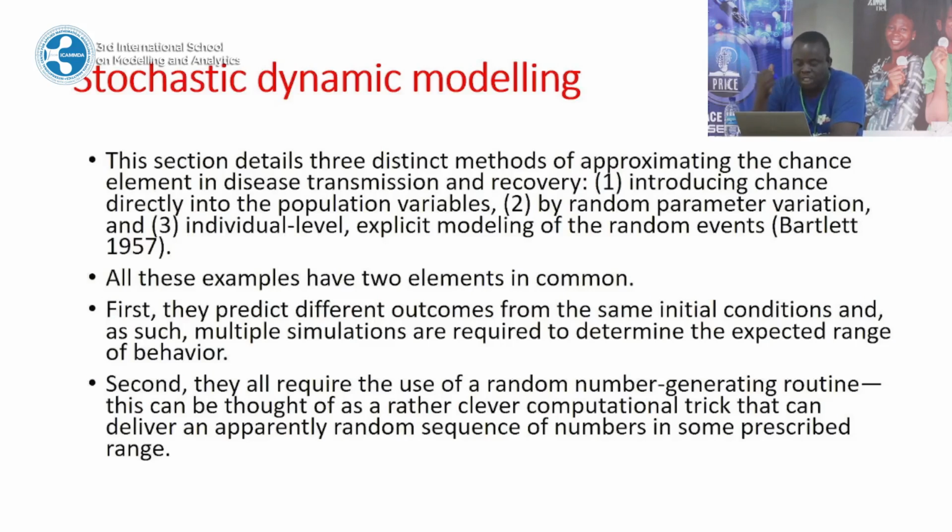As such, multiple simulations are required to determine the expected range of behavior. Second, they all require the use of a random number generating routine. This can be thought of as a rather clever computational trick that can deliver an apparently random sequence of numbers in some prescribed range.